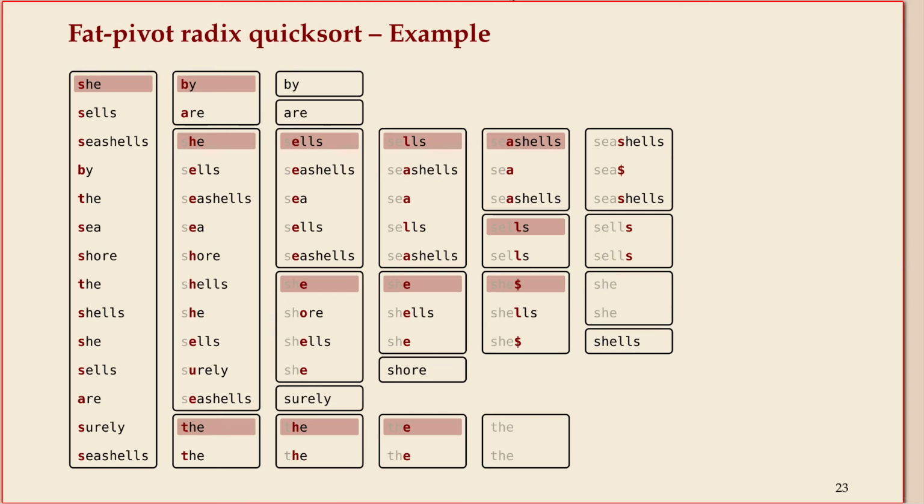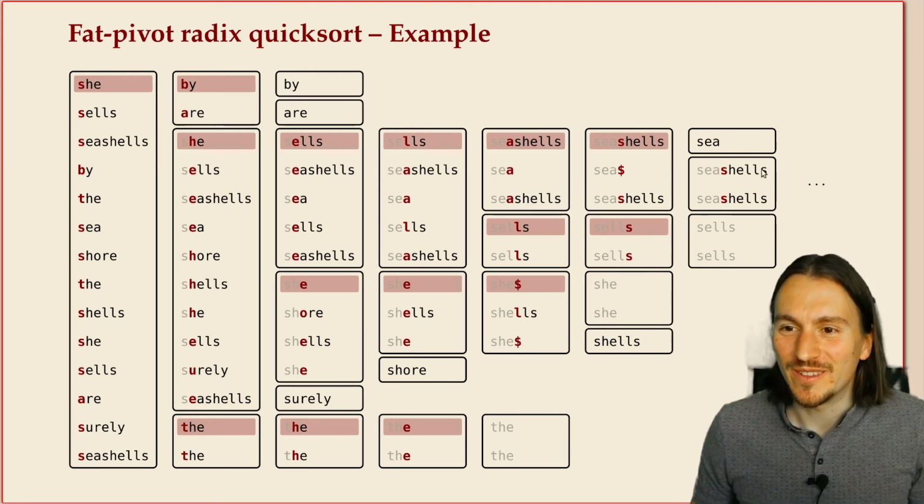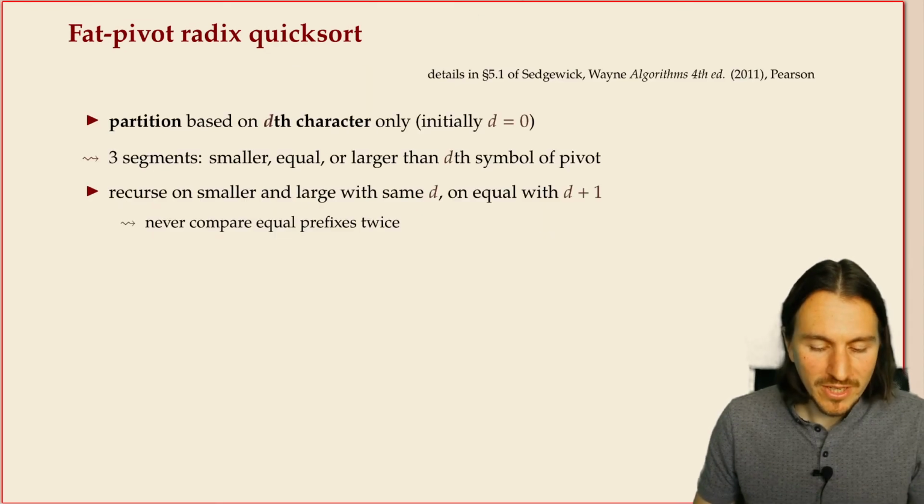It's a singleton list, so we don't have to further partition. And in this case, we split one string off, and then these two are equal, but the algorithm doesn't know that yet. It has to continue scanning through the entire string. And only at the very end, it will notice that these two are the same.